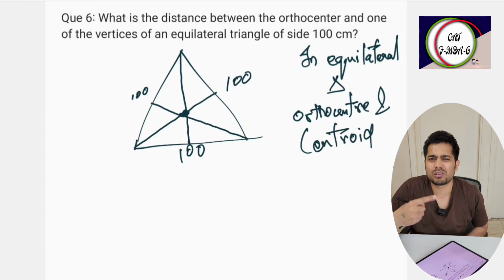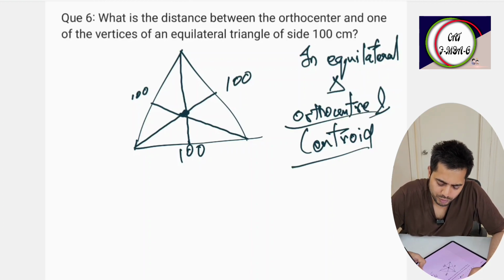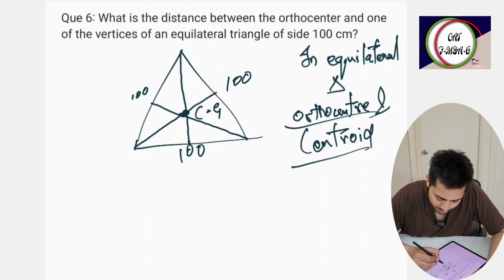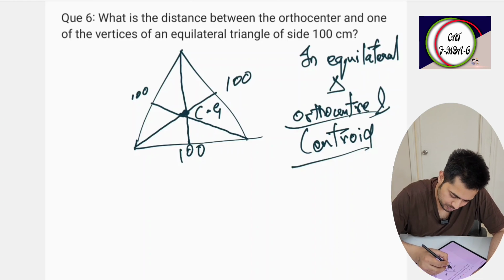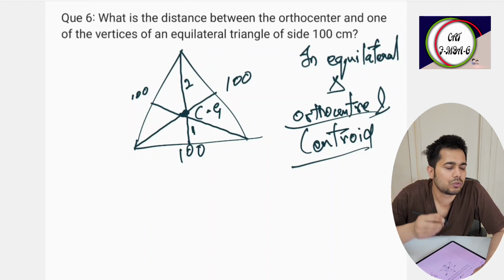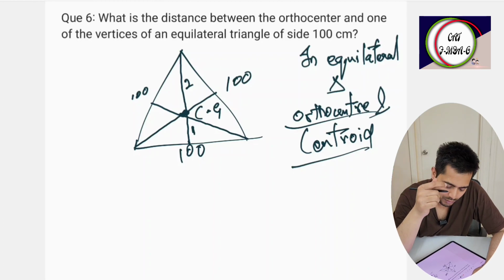You can solve this by using theorems and proving, but just remember this important concept. So this is the orthocenter, and this is equal to G, and we know that the centroid divides the altitude, or median, in the ratio 2 is to 1. In the case of an equilateral triangle, median and altitude are the same.